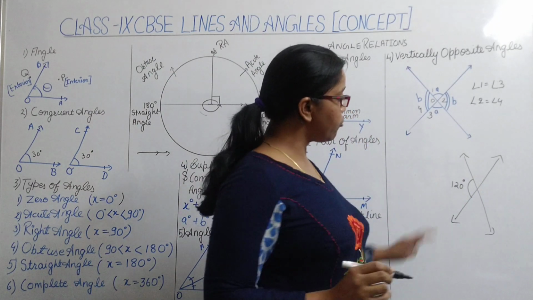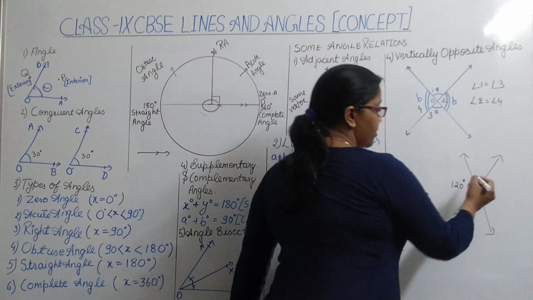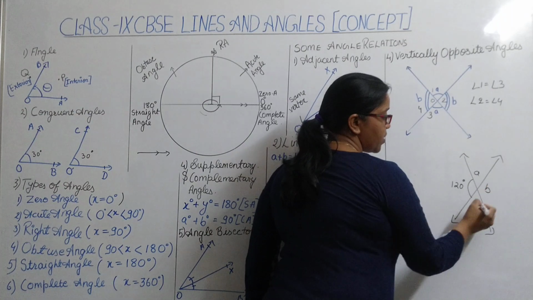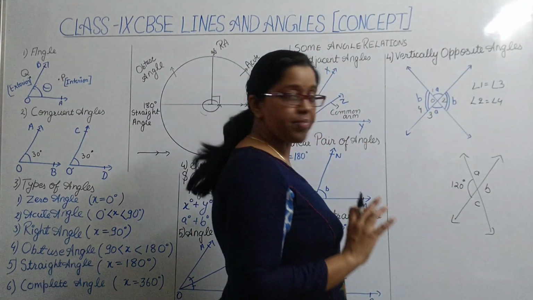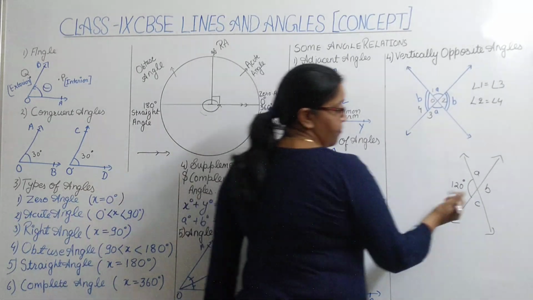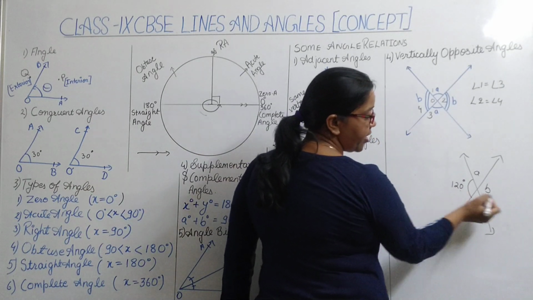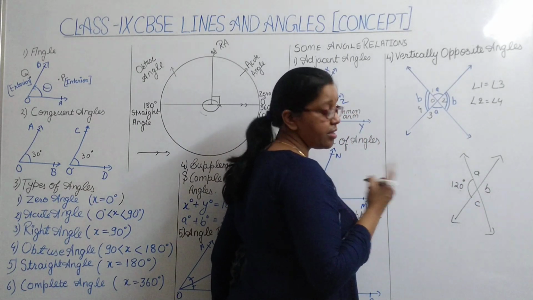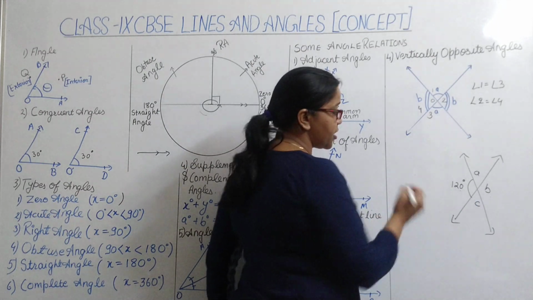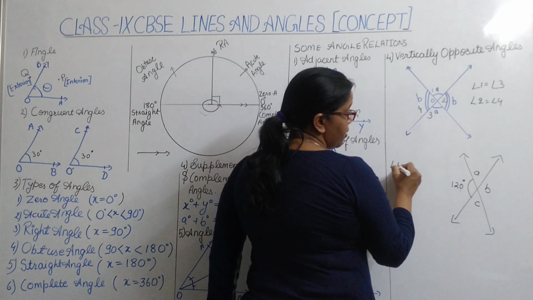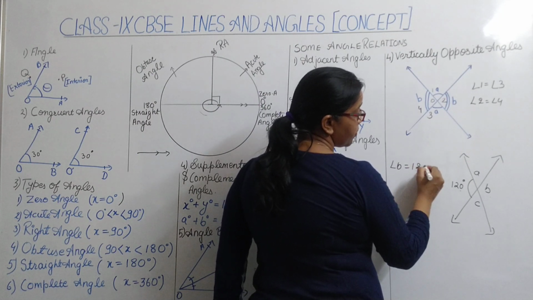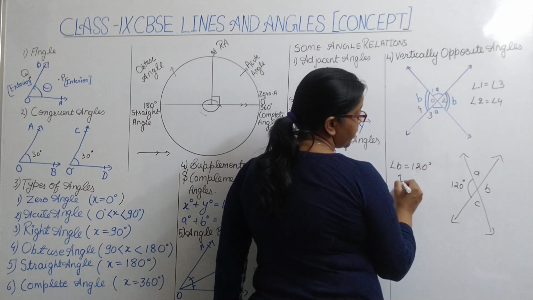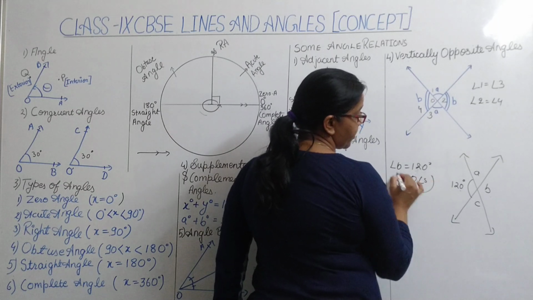Now I am asking you to find all the other angles. Say this is A, this is B and this is C. I have to find the measurement of all three angles A, B, C. Now, we can say that if this is 120 degrees, B will also be 120 degrees. The reason is vertically opposite angles.